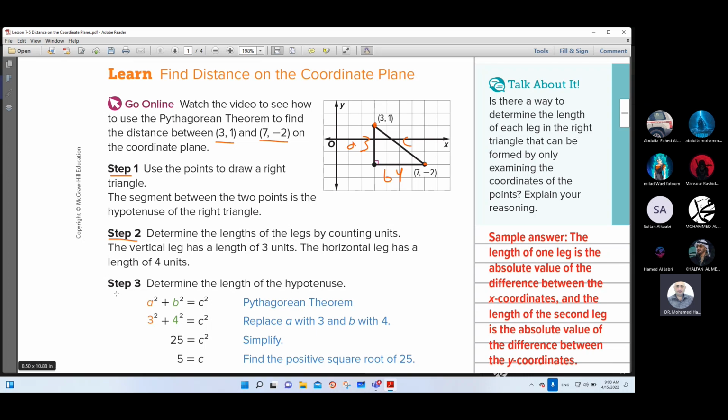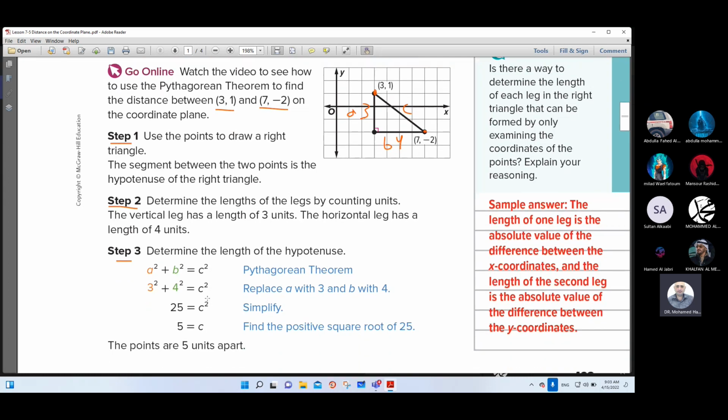So the third step, determine the length of the hypotenuse. We can use the Pythagorean theorem. We can write the rule a squared plus b squared equals c squared. Then we can substitute the values of a and b. The value of a will be 3 squared, and the value of b will be 4 squared, equal to the missing value c squared.